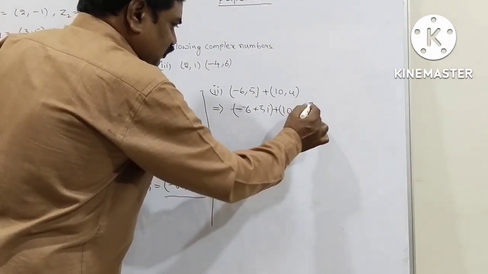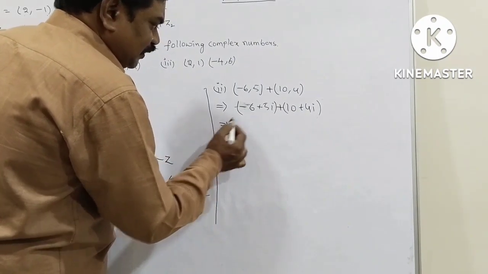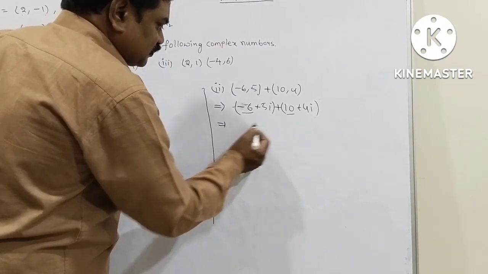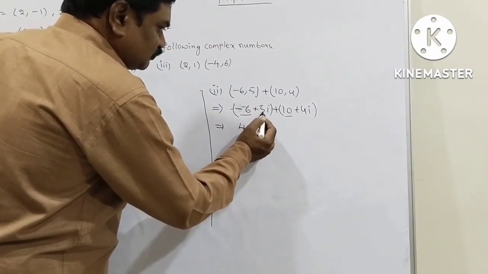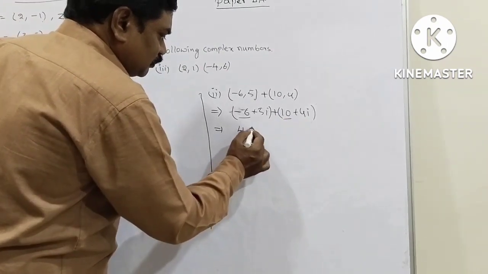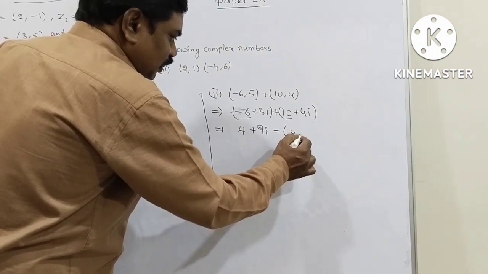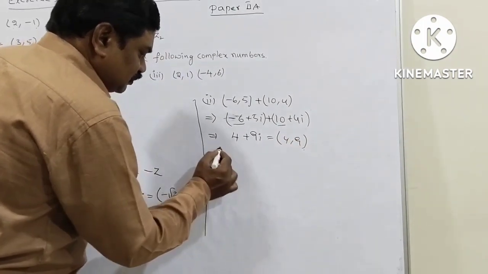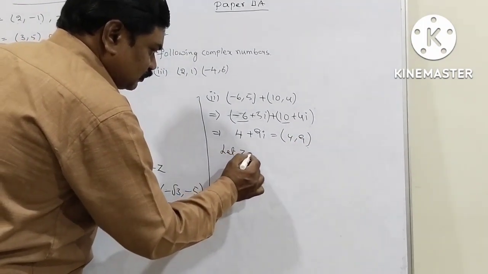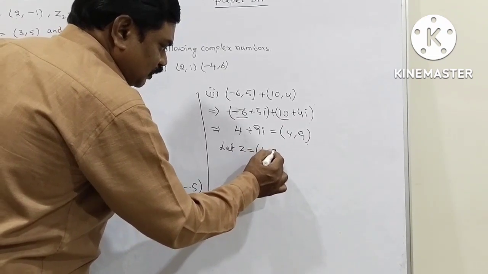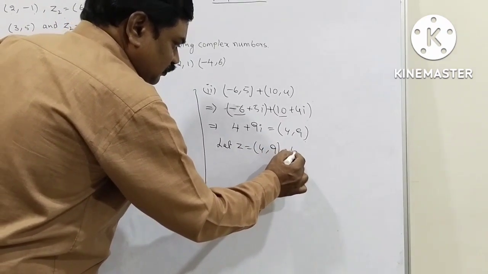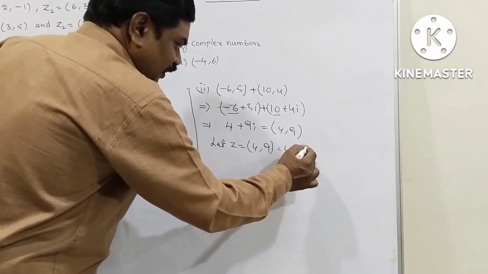Adding, minus 6 plus 10 is 4, and 5i plus 4i is 9i. Let z be (4, 9), which is 4 plus 9i.